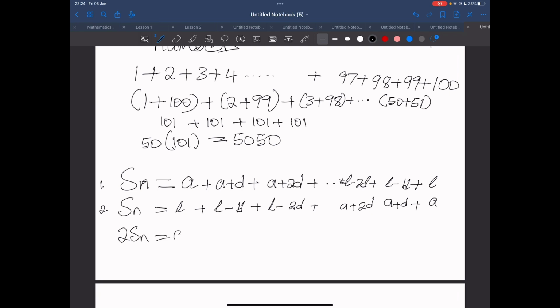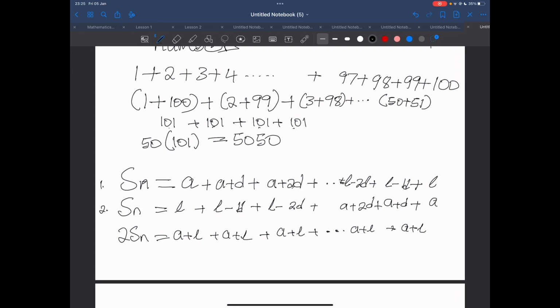We will have a plus L, and here can you see that the d subtracts the d, we still have a plus L, and even here the 2d subtracts the 2d, we will have a plus L. All of them are giving us a plus L. But we are not surprised, because this guy here was getting 101, so he was getting the same value.